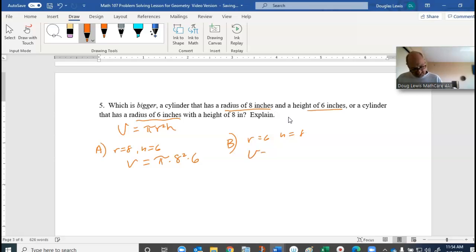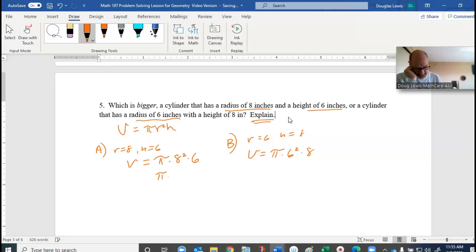So here the volume is going to be pi times 6 squared times 8. And I think that a lot of people would prefer to just calculate it. But that doesn't help us explain very much, does it?